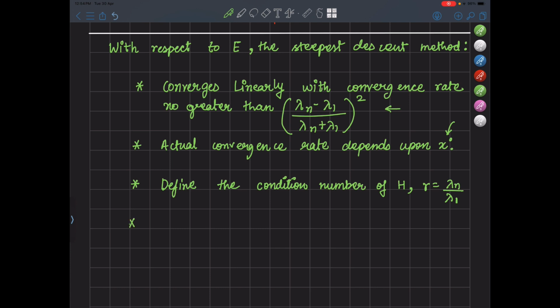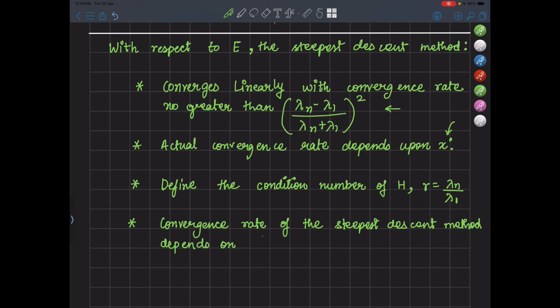Now we can say that the convergence rate of the steepest descent method depends on the condition number of H. So we saw that, right?